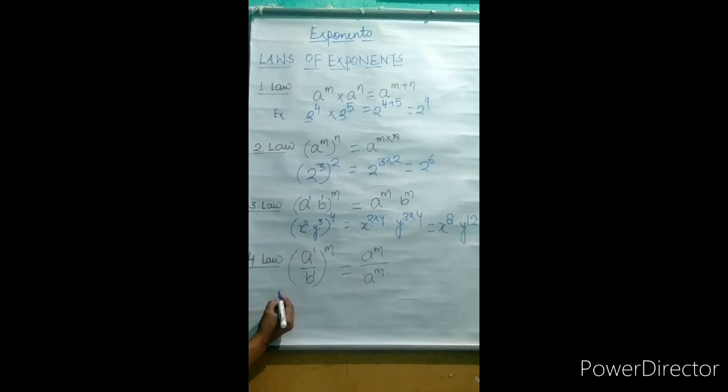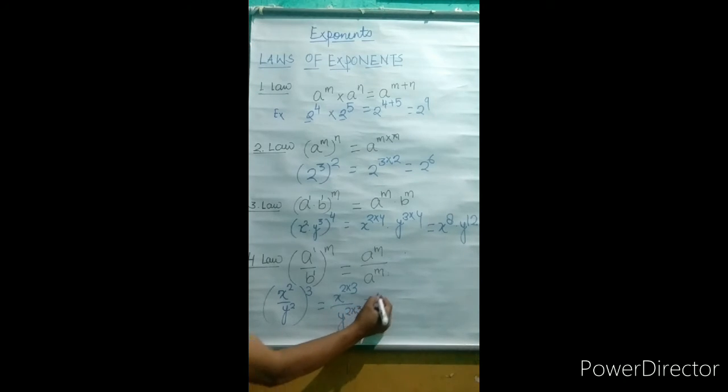For example, x power 2, y power 2, whole power if it is given 3, it will become x with power 2 multiplied by 3, y with power 2 multiplied by 3, so it will give you x raised to the power 6 over y raised to the power 6.